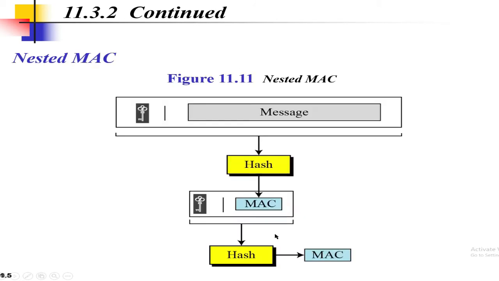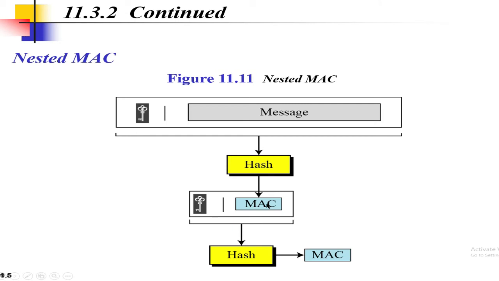Now, nested message authentication code. This was designed to improve the security of message authentication code. Here hashing is done in two steps. In the first step, the key is concatenated with the message and passed through the hash algorithm, and the output is called the intermediate message authentication code.